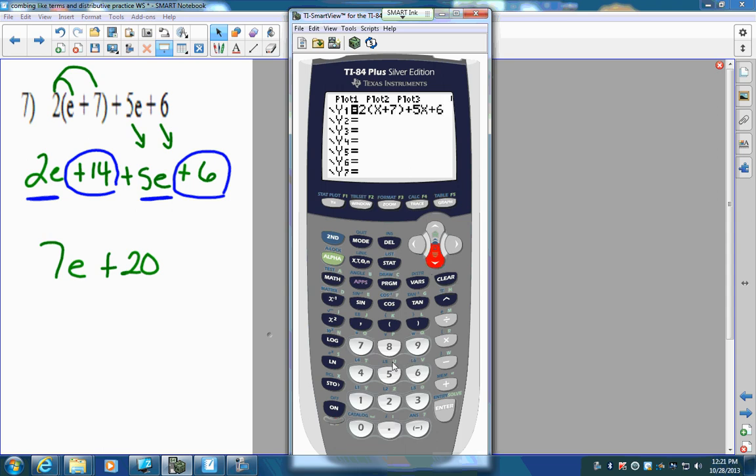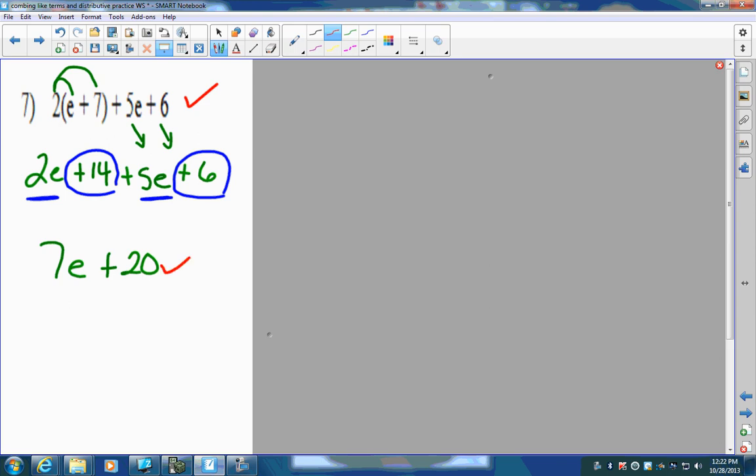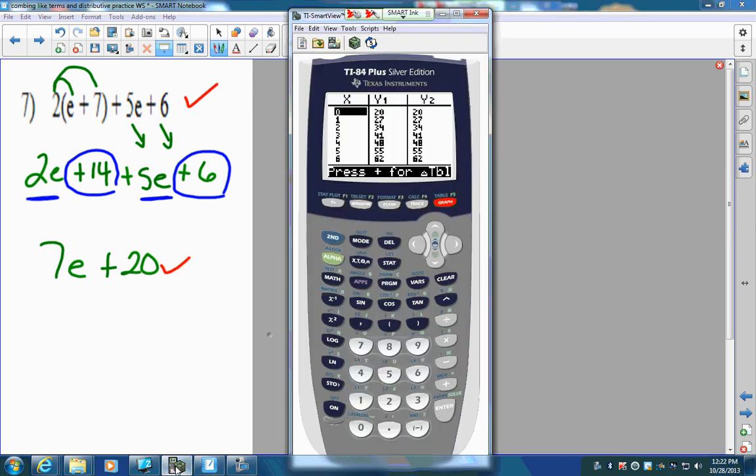Then I'm going to go down to Y2 and put in there 7x plus 20. Right? What I think the answer is? Second graph, and I'm going to go and check and make sure these columns are the same. Well, yeah, you're asked about checking on the third step. Yes, you want to check the original and the final answer that you think it might be. Okay?